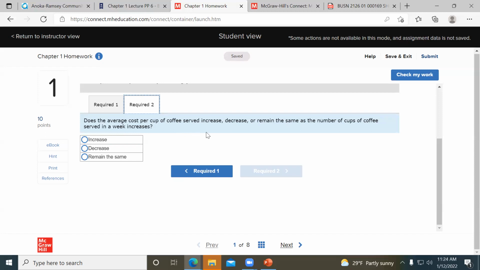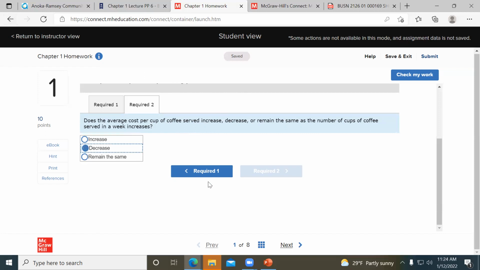Now, does the average cost per cup of coffee served increase, decrease, or remain the same as the number of cups of coffee served in a week increases? What happened, guys, as we served more cups of coffee? It was decreasing, wasn't it?